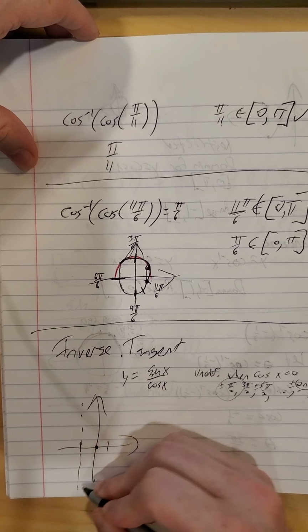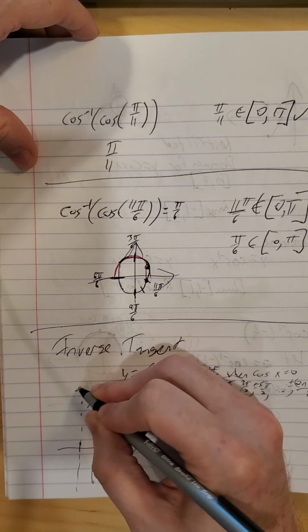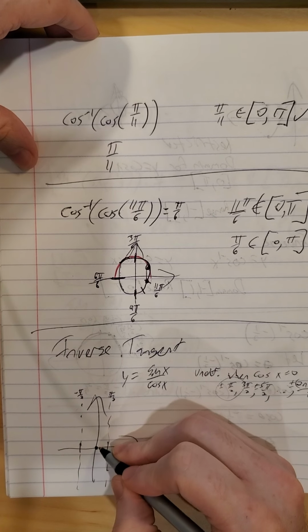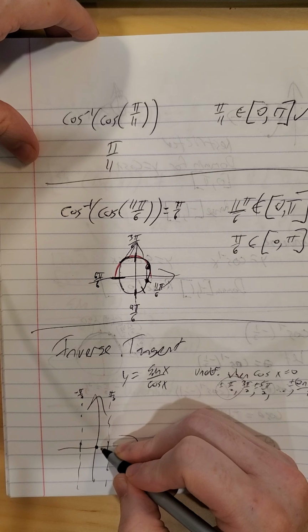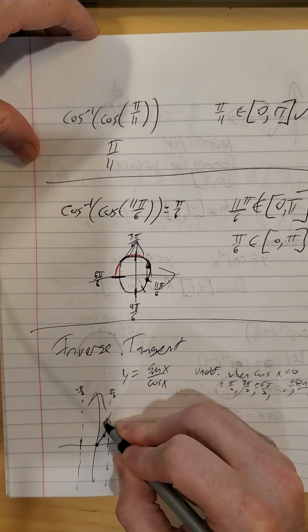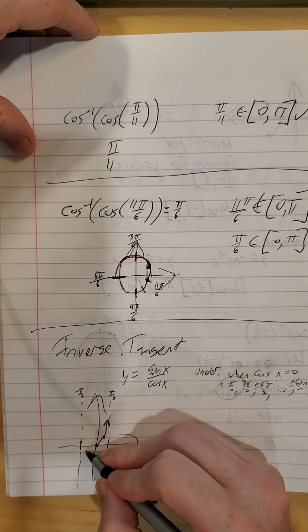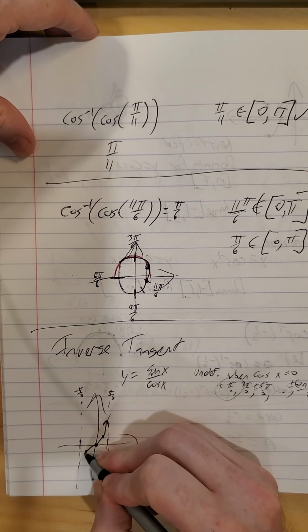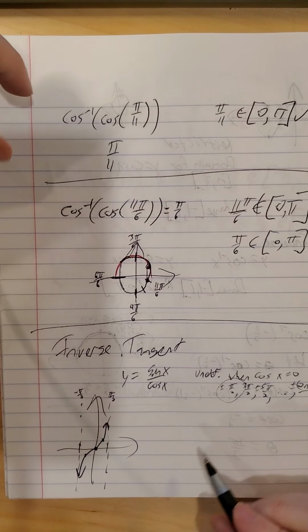We're undefined here and here at pi over 2 and negative pi over 2. At pi over 4, sine and cosine have the same output, so we have a 1 there. At negative pi over 4, they have opposite signs, so their output is a negative 1. So that's our general shape.